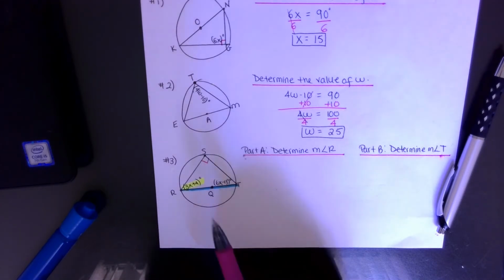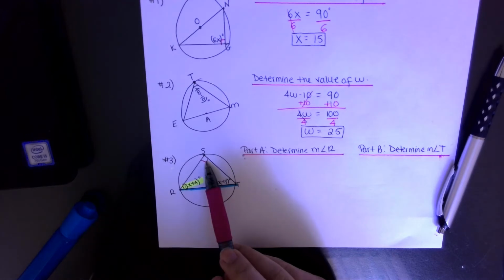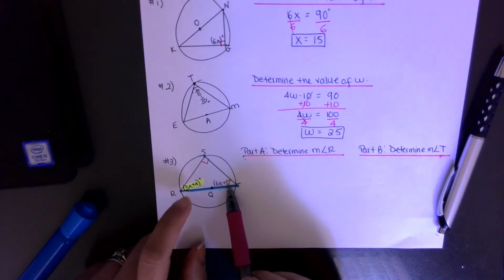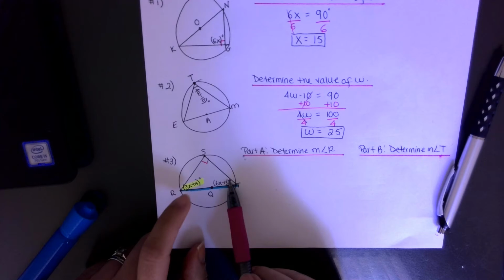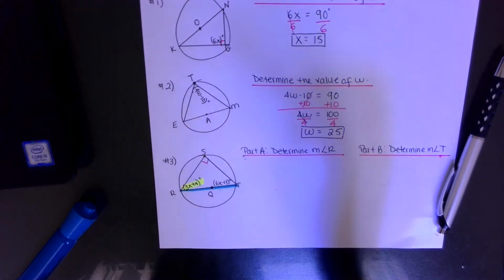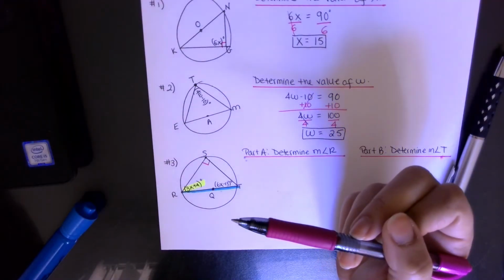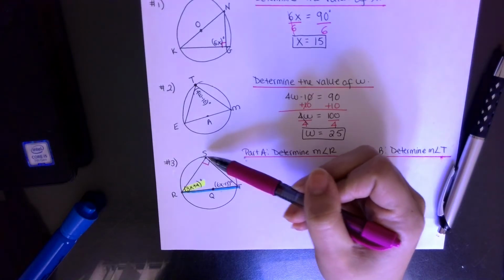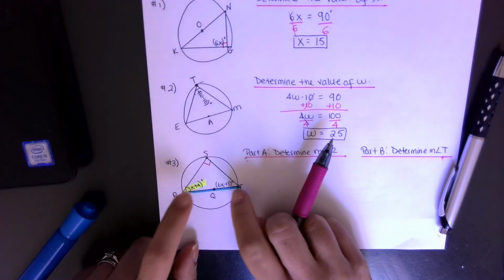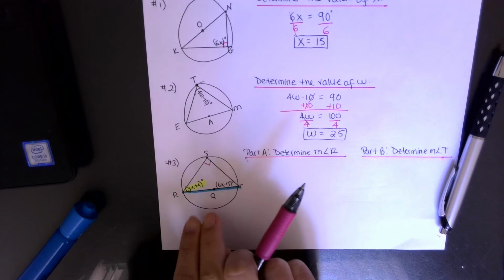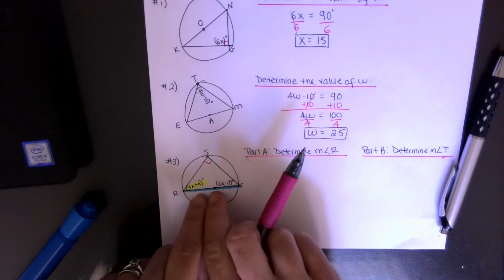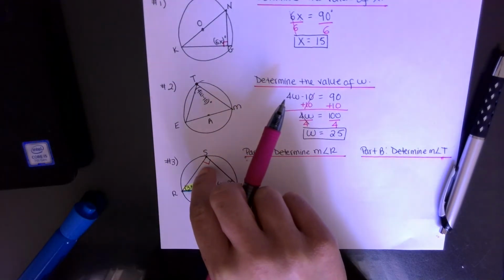So let's think about it. This is 90. I need to figure out what the remaining angles have to equal. So if a triangle is 180, if I subtract this angle 90, I'm left with these two angles have to equal 90 degrees. Because these two add up to 90, and that is 90, that'll equal 180.